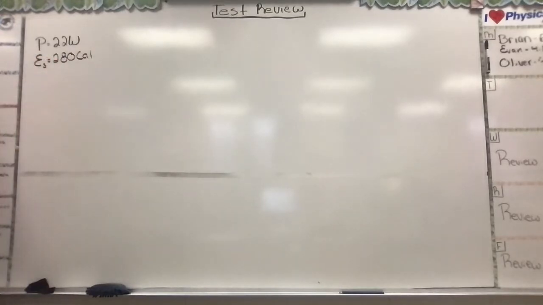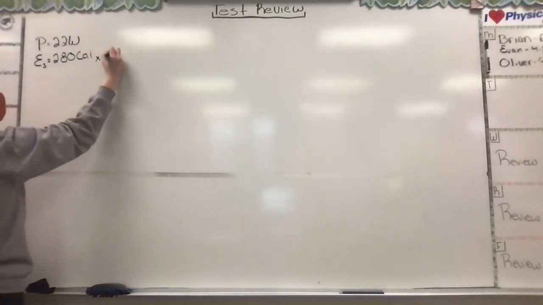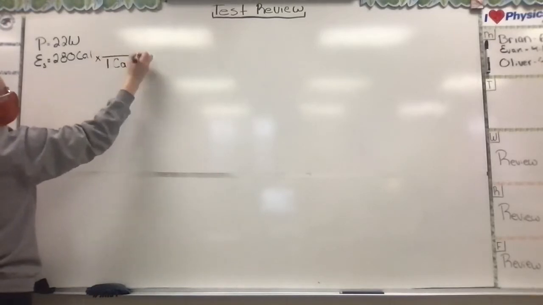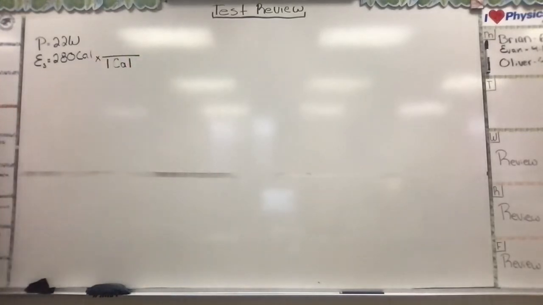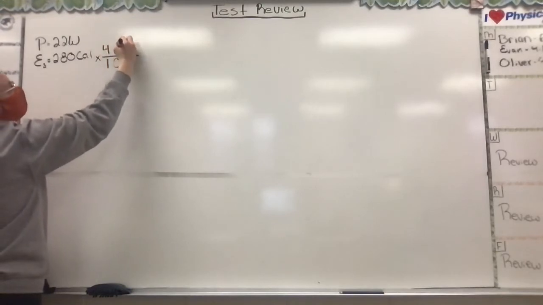Okay, so do we want energies in calories? What do we want it in? Joules. So who can see in their old problem set or notes how many joules are in 1 calorie? 4,186. 4,186 joules.